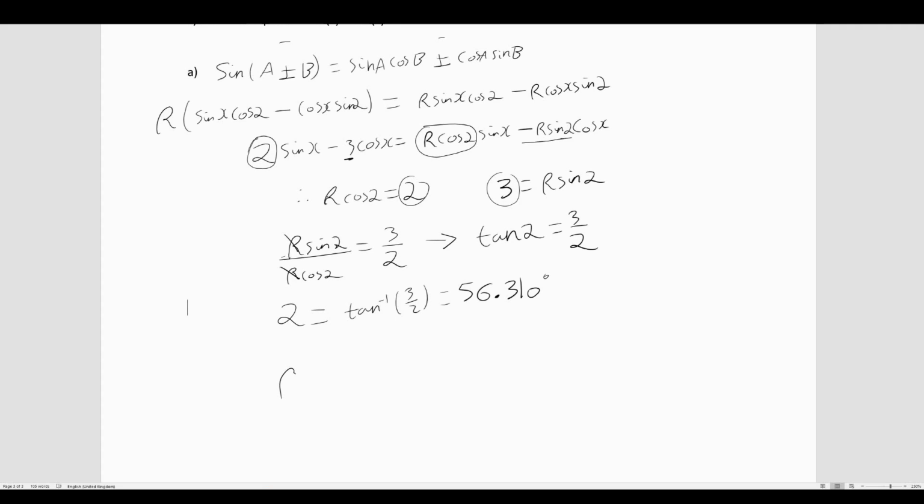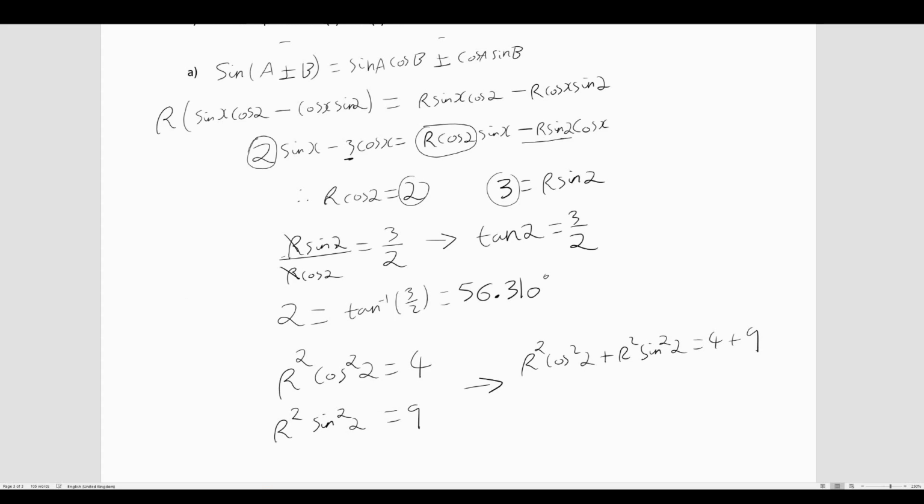So r squared cos squared alpha is equal to 2 squared, which is 4. r squared sine squared alpha is equal to 9. And I'm going to then add my equations. So I have r squared cos squared alpha plus r squared sine squared alpha is equal to 4 plus 9.